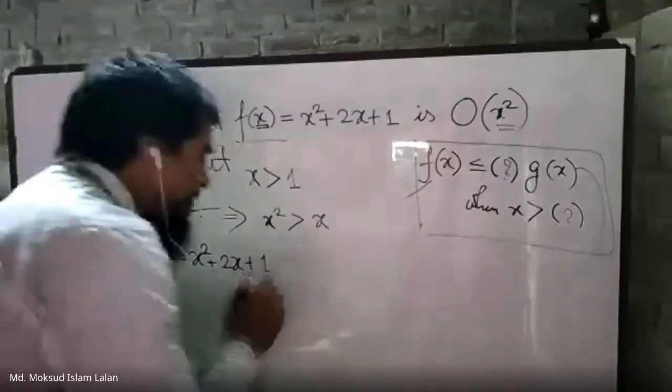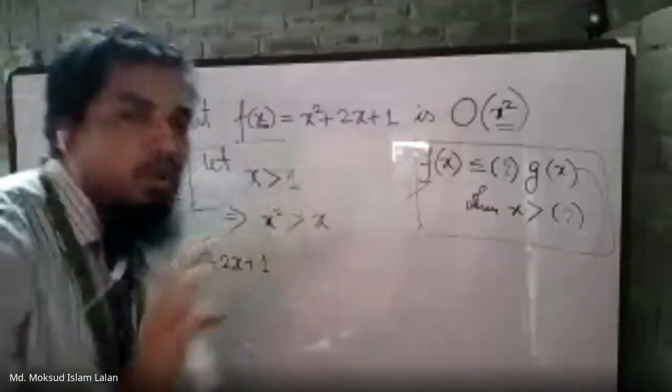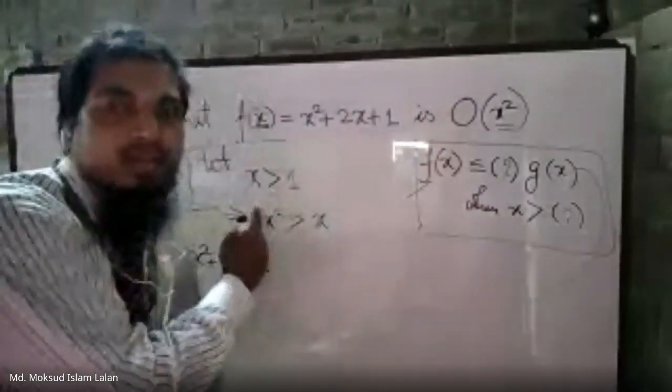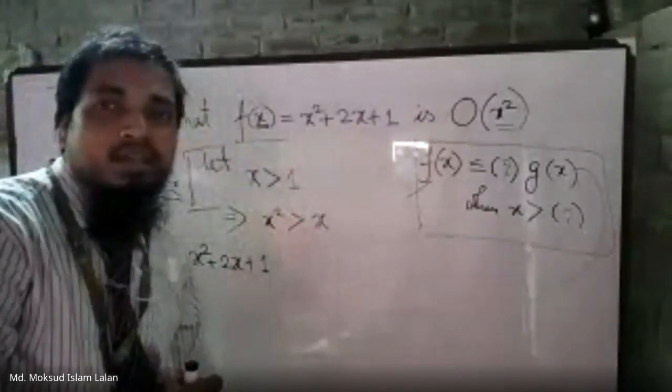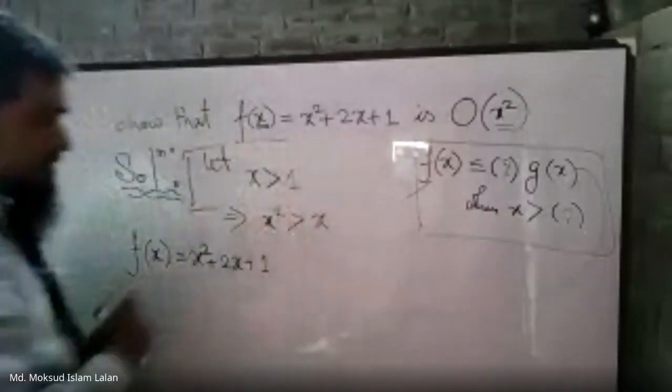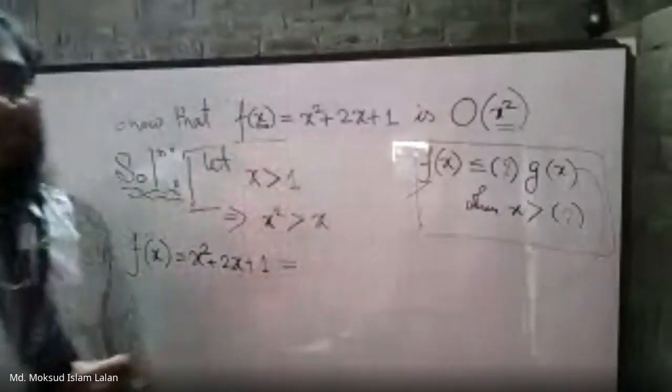So dear student, suppose we do not want to write 1. We want to substitute this 1 by x. So what will be the relation? Should I give an equal sign here?